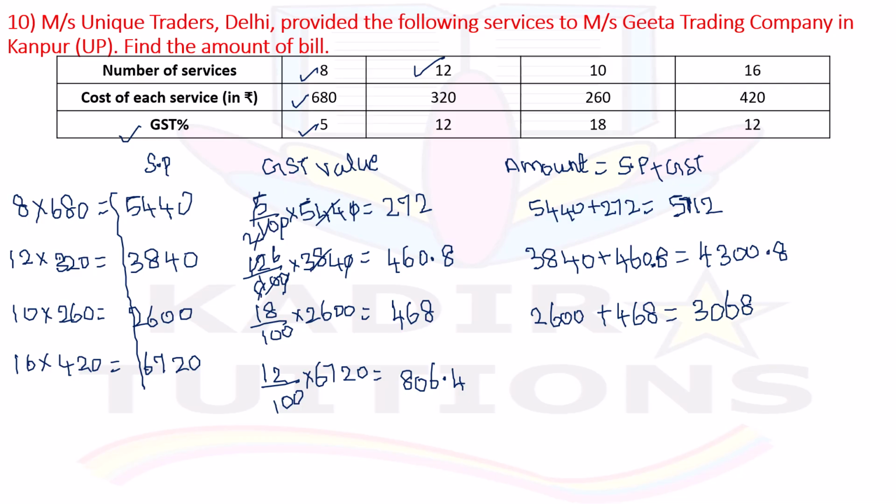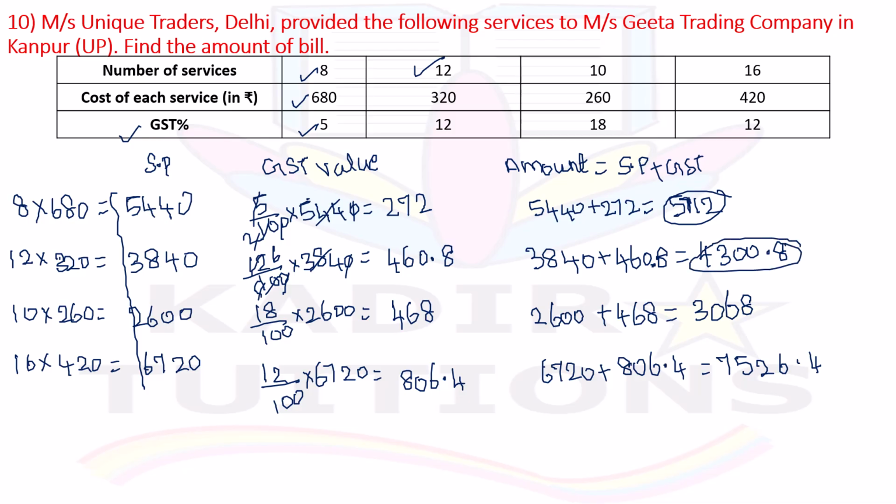And the fourth item, 6,720 plus 806.4 equal to 7,526.4. So we have calculated the amount separately for each and every item.